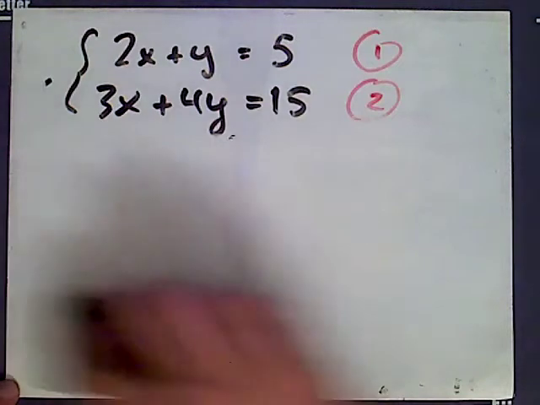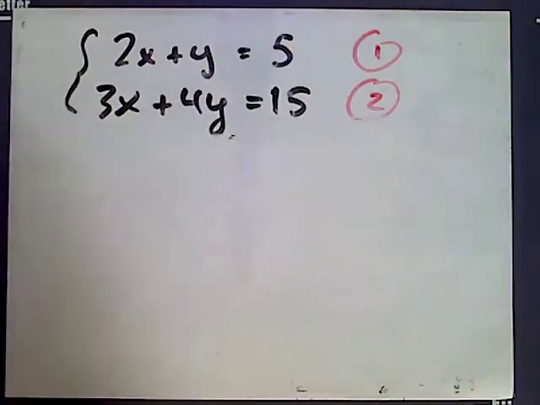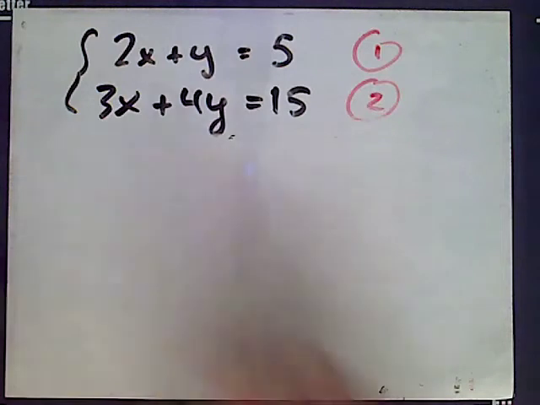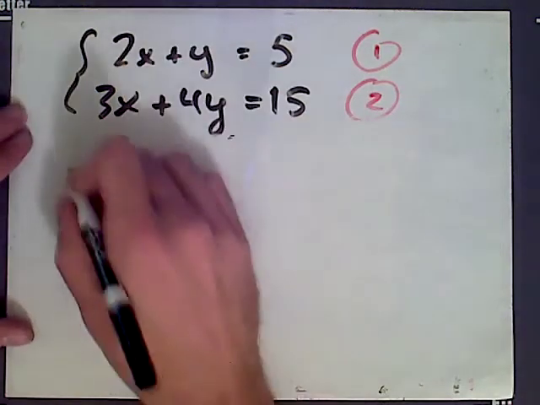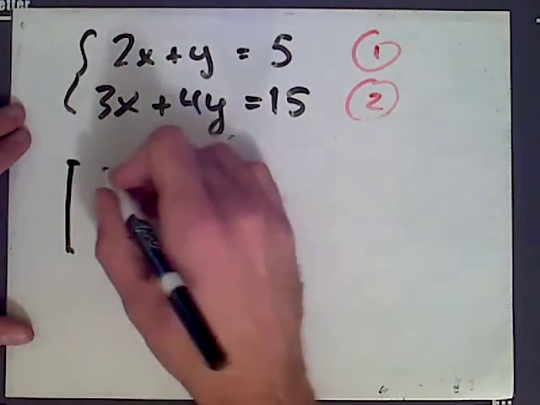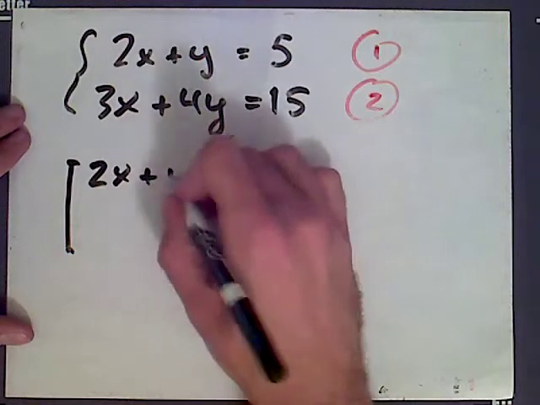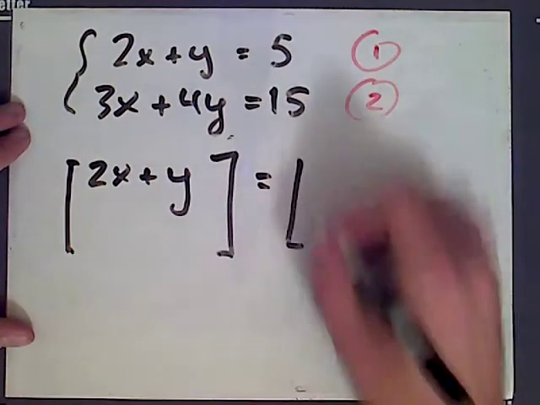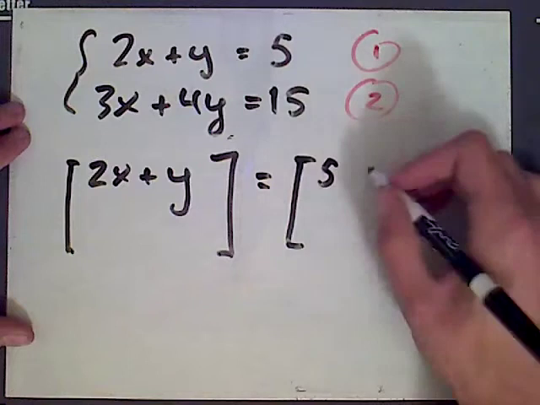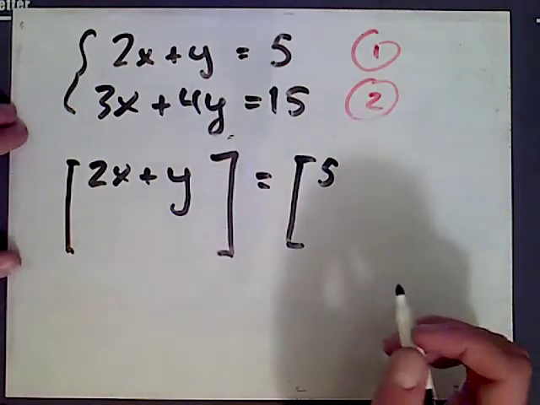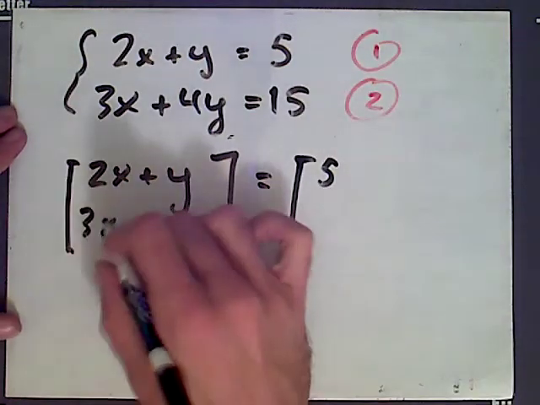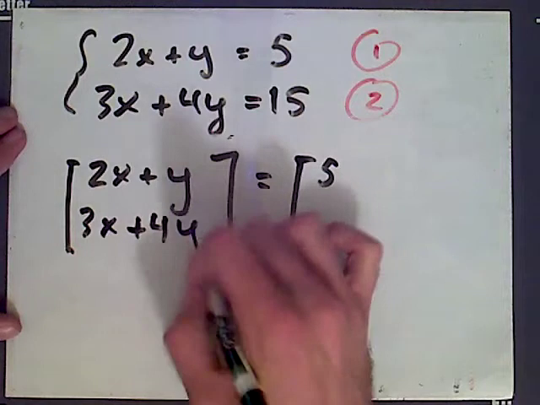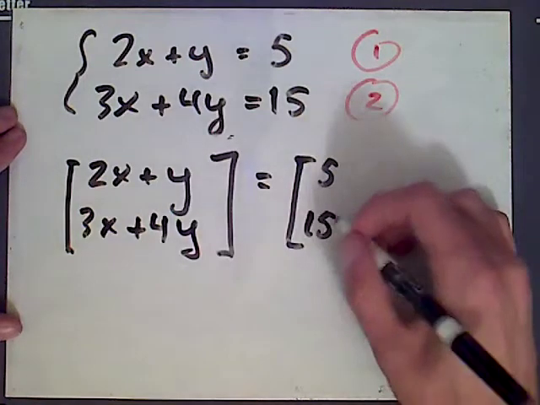So assuming you know a little bit about the way vectors work, what can we say up here? First of all, we have 2x plus y. We know its value is 5 for our solution, x and y. And we have 3x plus 4y, and we know its value is 15.